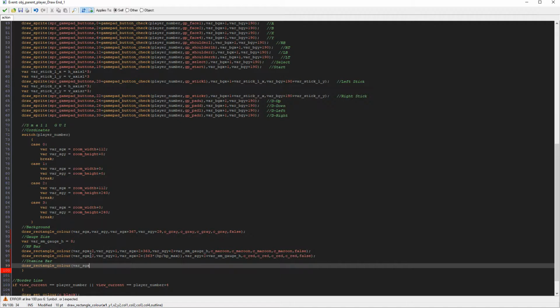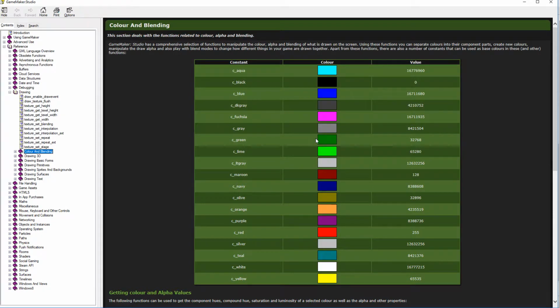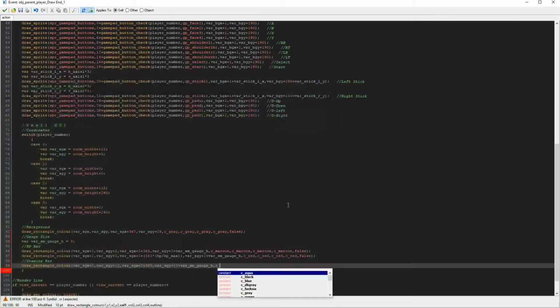So var sgx +2, var sgy plus, what would that be, 10 maybe? Var sgx +2 plus 363, var sgy +2 plus, no, plus 10 plus var sm gauge h. For now, let's just do sea green and then sea lime.